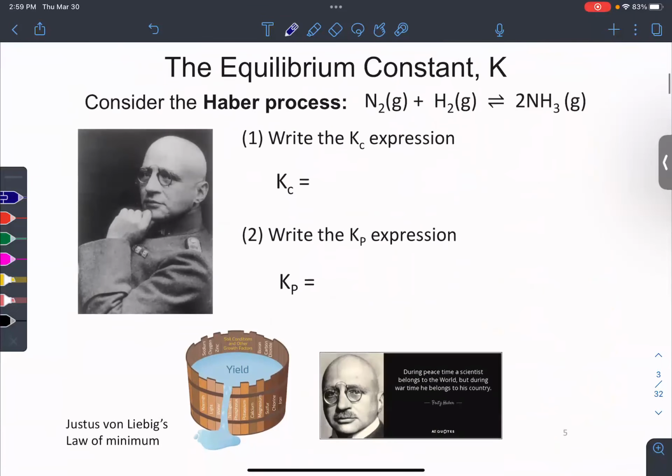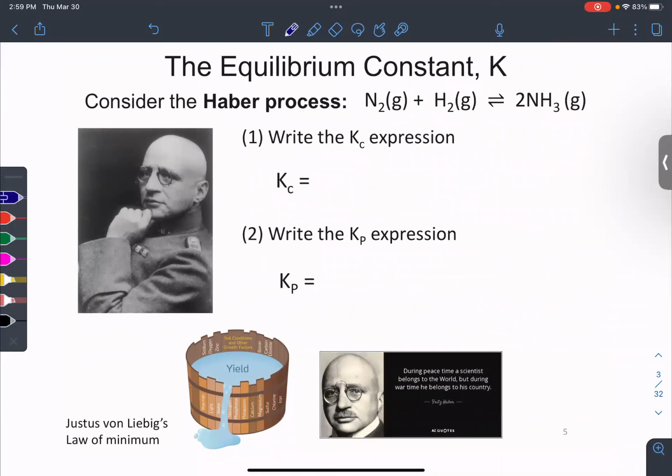So now let's actually do some calculations and then we'll do some cool stuff here. Remember K, big K, is products over reactants. So let's go back to our favorite evil guy, the Haber process, which actually is a chemical equilibrium. And let's write the Kc. So Kc means what? What's the C mean? Concentration. So that means the units of stuff in the expression need to be in molarity.